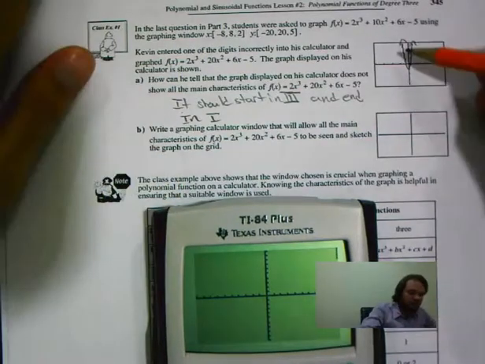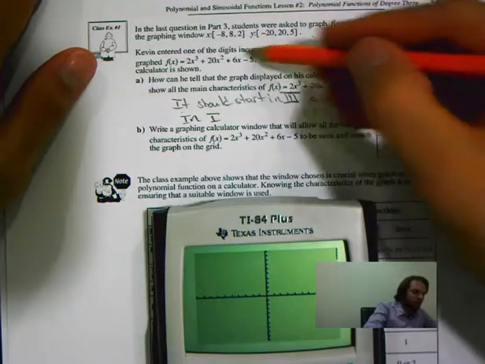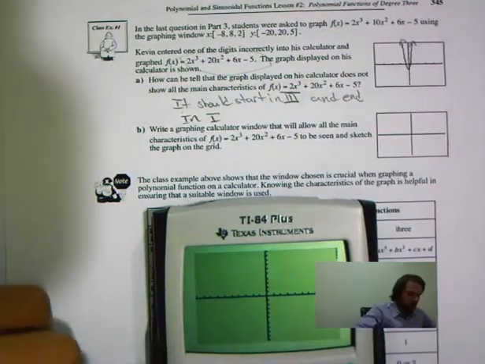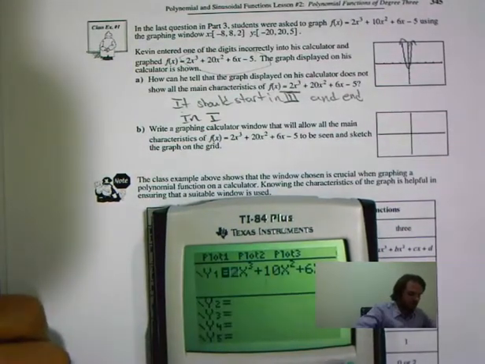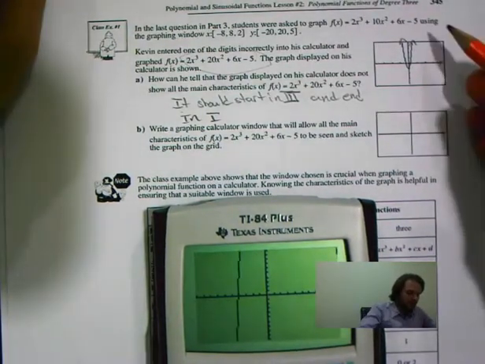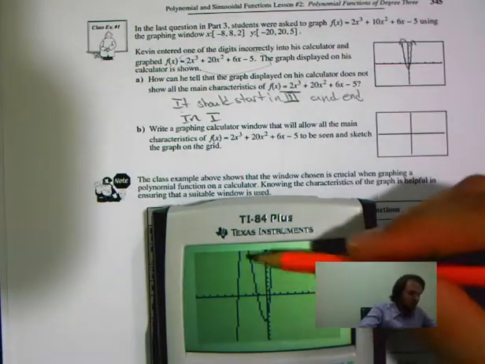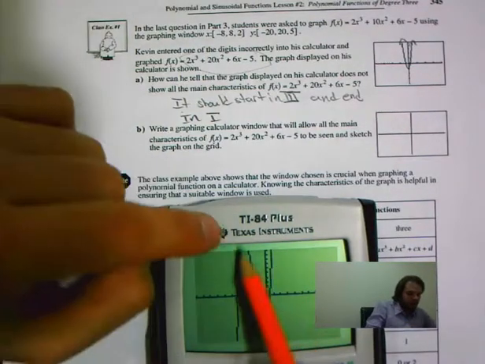So as soon as we see this and there's not enough room, well, I can't see the humps. If I can't see the humps, that means right here I'm missing some humps. That means I have to extend it. If you see mine here, I'm missing, so I have to extend it up.